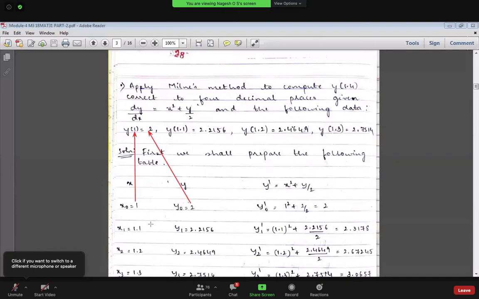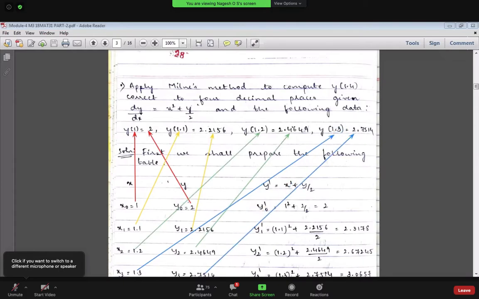Similarly, x1 equal to this, then y1 equal to this, then x2 equal to this, y2 equal to this, then x3 equal to this, y3 equal to this. Okay, all the four values will be given in the problem itself. You need not find them out. It will be given in the problem.